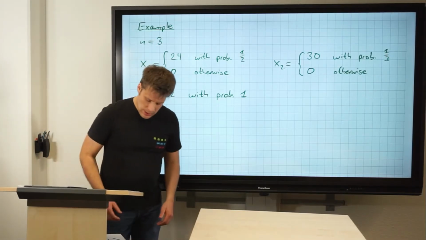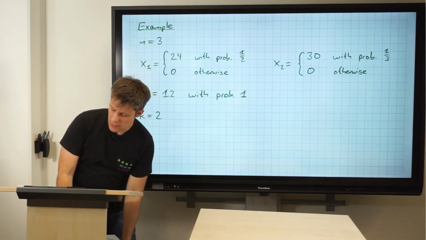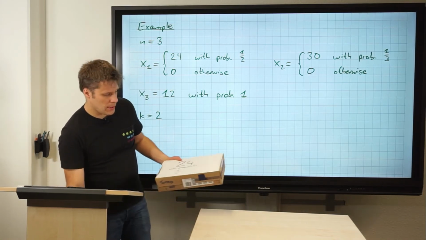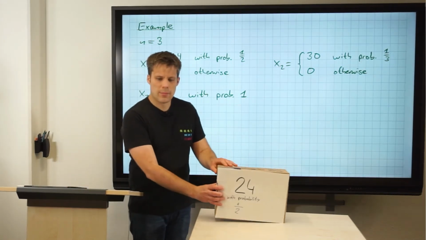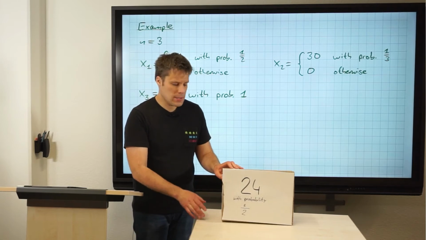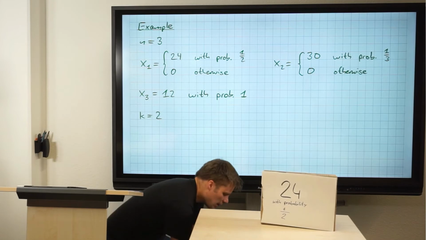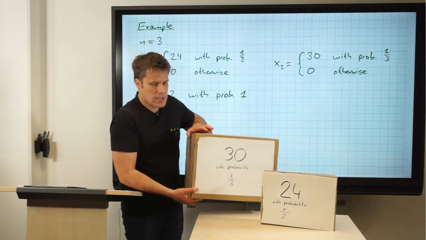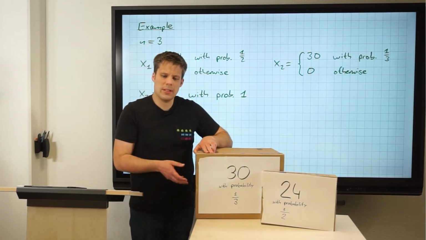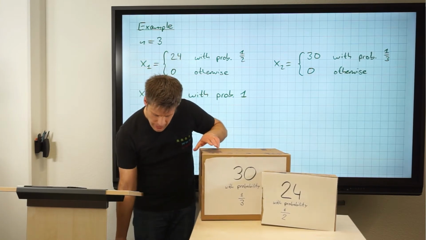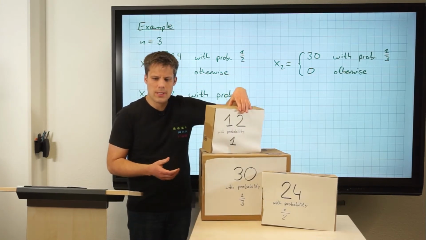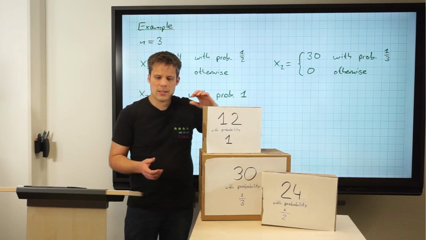So what does this look like? Well, we have now 3 boxes. This is our first box. We have a prize of 24 inside it with probability half, otherwise it's empty. We have a second box which contains a prize of 30 with probability a third, and a third box which always contains a prize of 12.